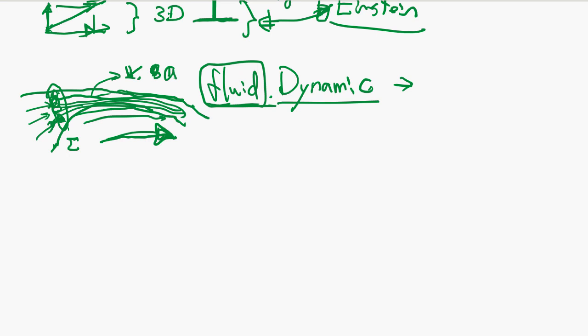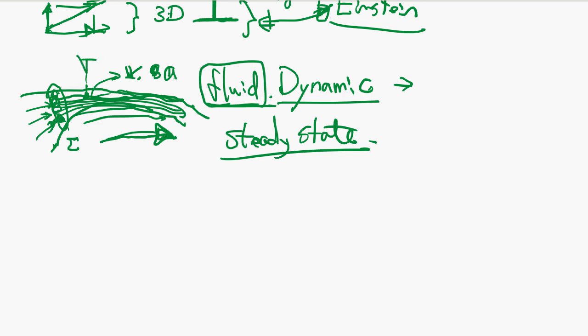And here's the genius guy, Lagrange, right? He said, well, let's assume it's flowing steadily. It's called steady state. That means you take any point, the velocity is not changing, it's just flowing.